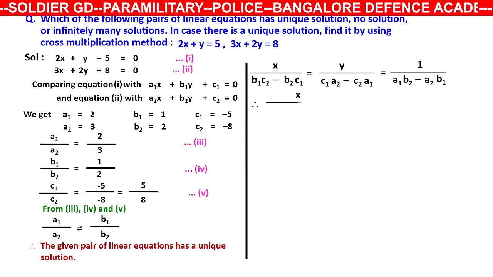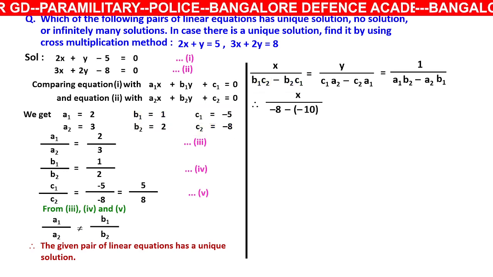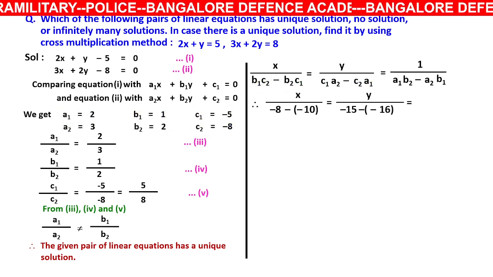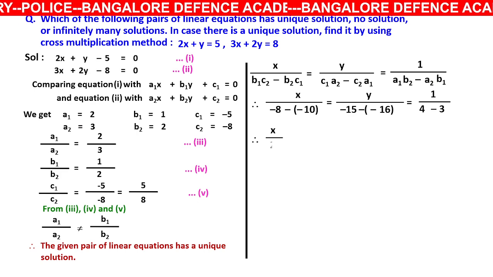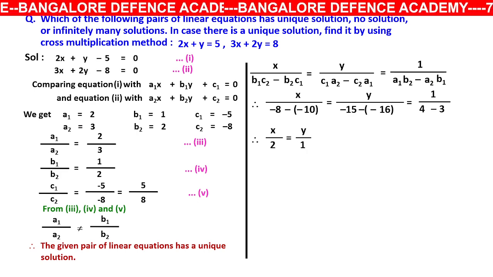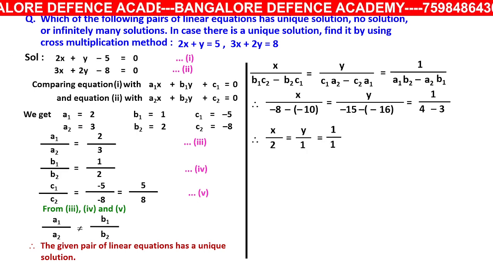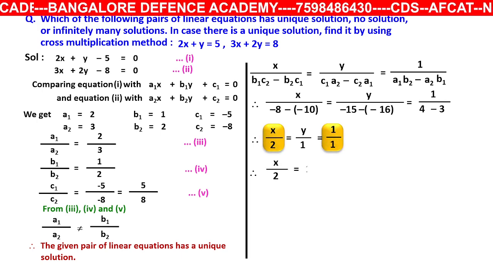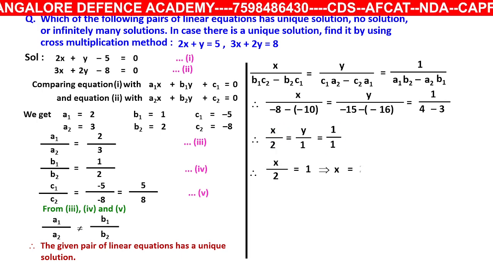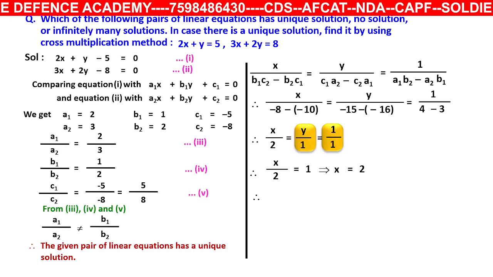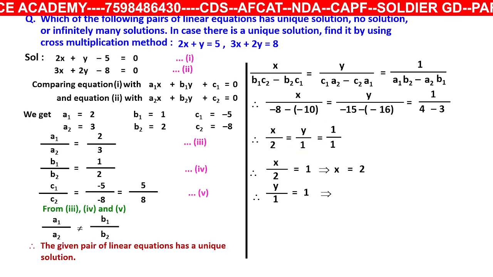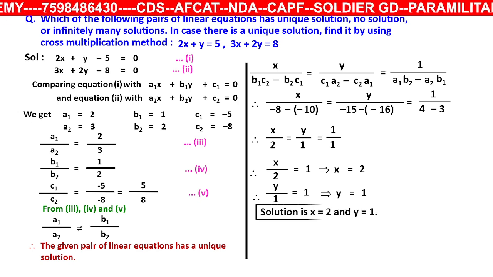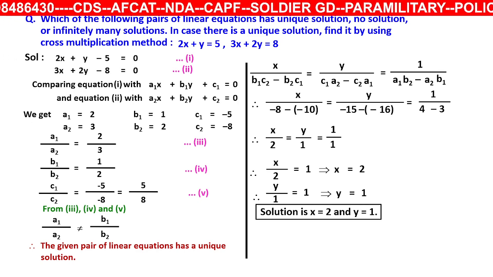Okay, so now directly taking the values, I get x divided by 2 is equal to y divided by 1 is equal to 1 by 1. So taking x first, x by 2 is equal to 1 by 1, that is x is equal to 2. And next, y by 1 is equal to 1 by 1, so y is equal to 1. So I got the answer, that is unique solution, x is equal to 2 and y is equal to 1.